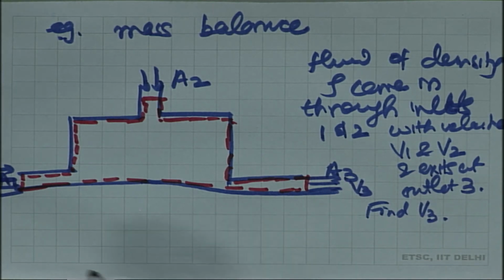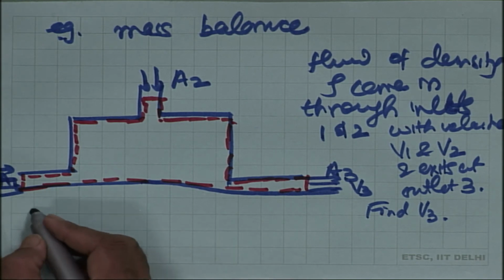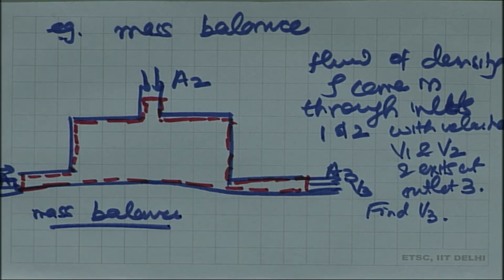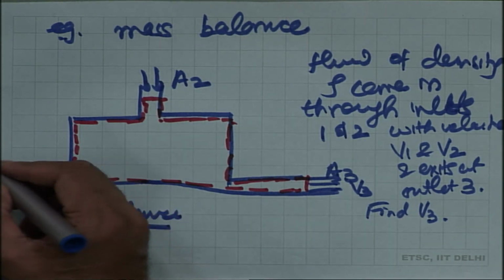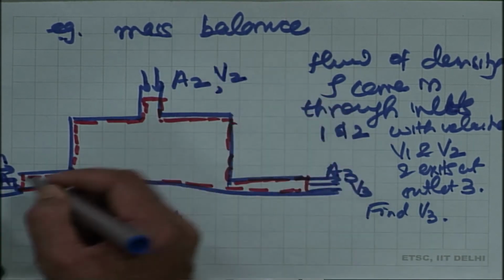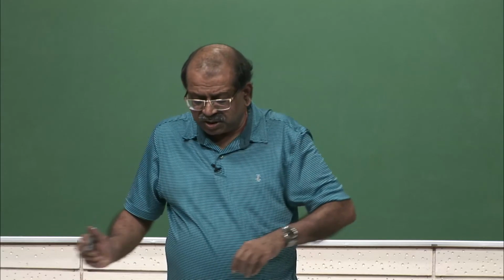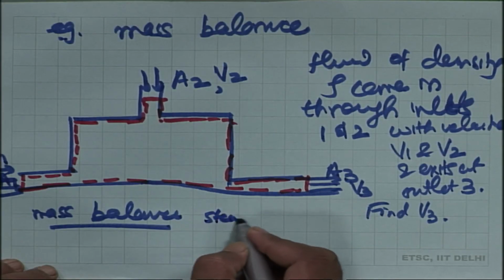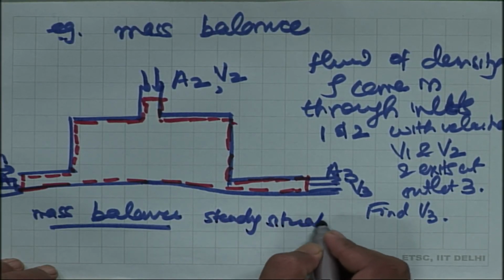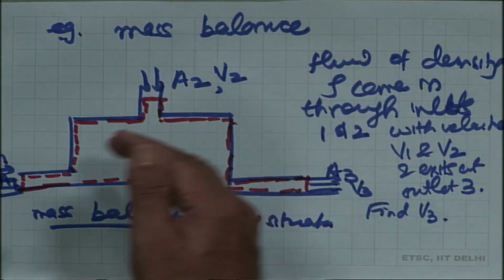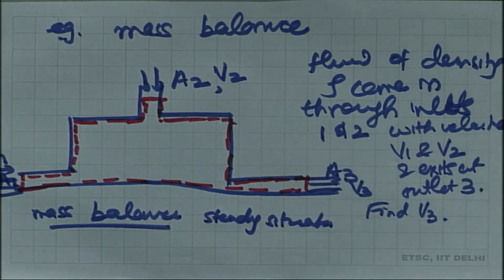Now if I apply the mass balance, let us see if velocities v1 and V2 are given and constant and uniform across the areas. Flow comes in from this part, goes out the other end, and with time nothing is changing. So, this shows a steady situation, because the fluid is full, there is no filling in, flow comes in from two inlets and exits at one outlet.